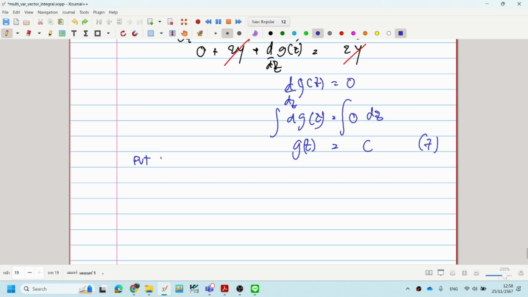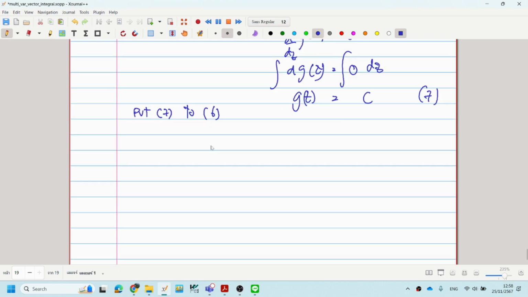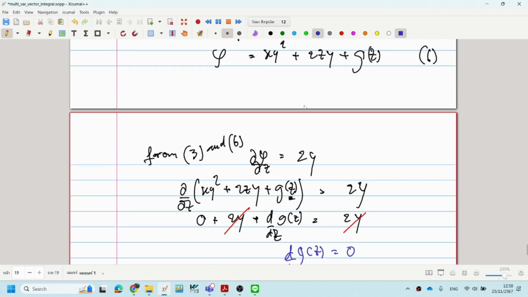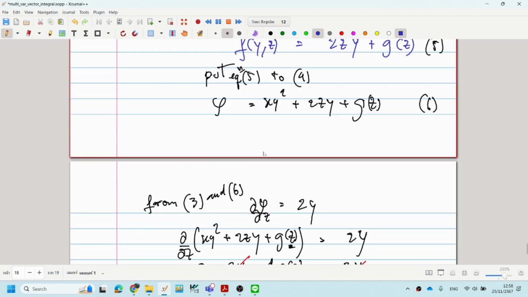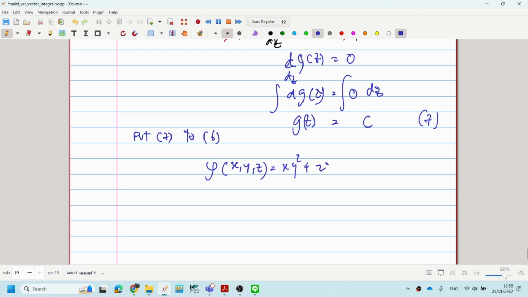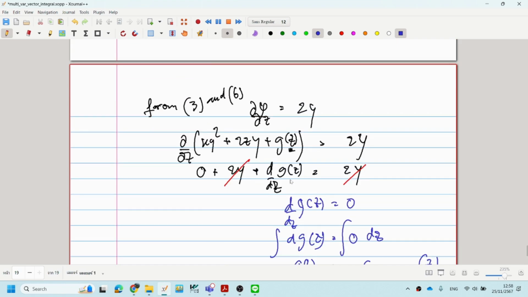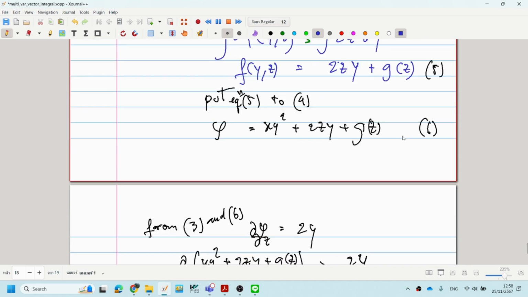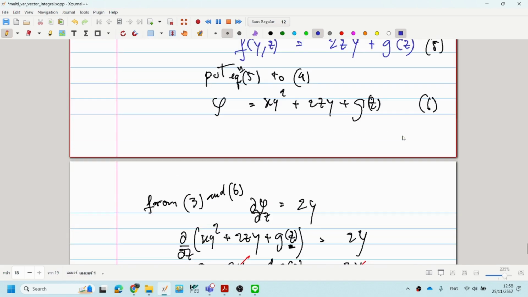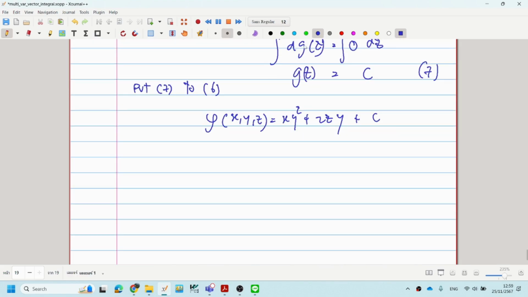Put 7 into 6, becomes x y square plus 2cy plus c. Okay, done. This is the potential function.